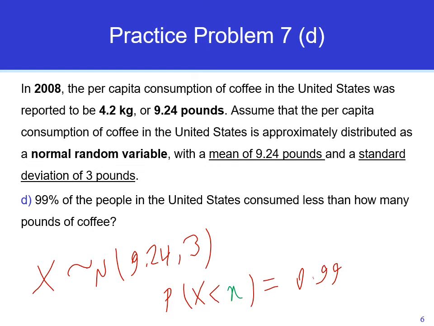First, we convert this to the z distribution. We are looking for z of x such that the probability that z is less than z of x is 99%. After we find z of x, we can find x.